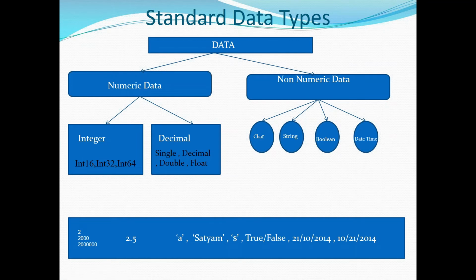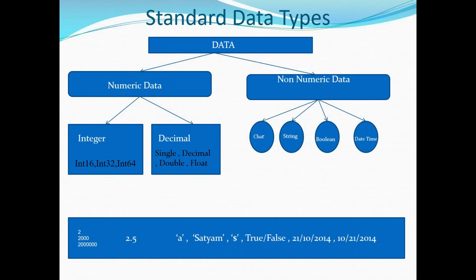As I said, when you talk about data, you will find only 2 types of data. Those are going to be numbers and non-numbers, like numerals, non-numerals. Numbers means all types of numbers, like 2, 2.5, minus 2, plus 2. And non-numerals means other than numbers.